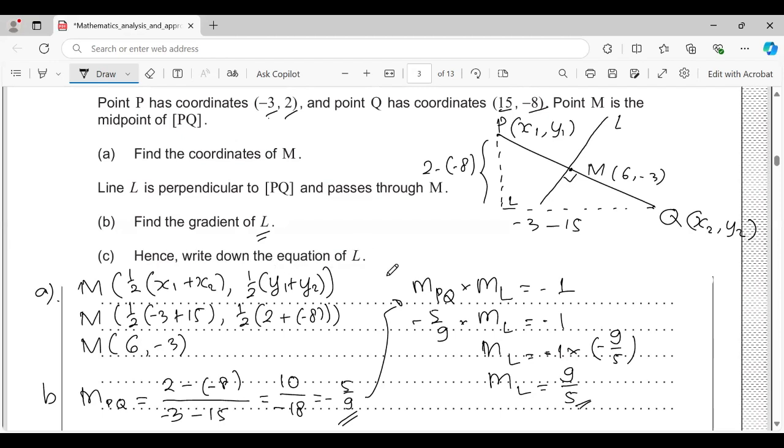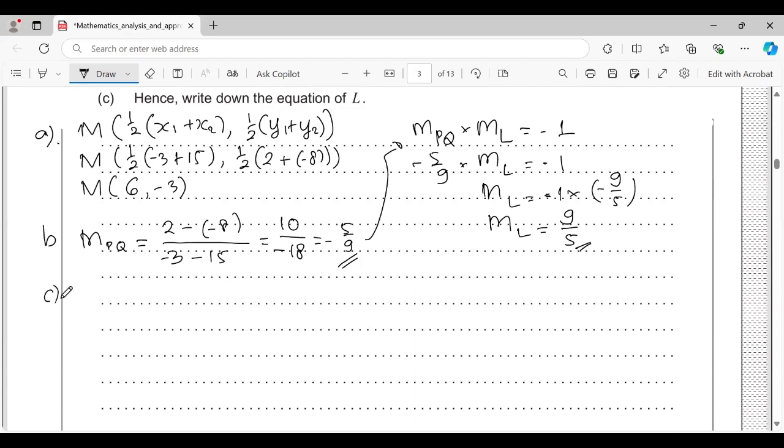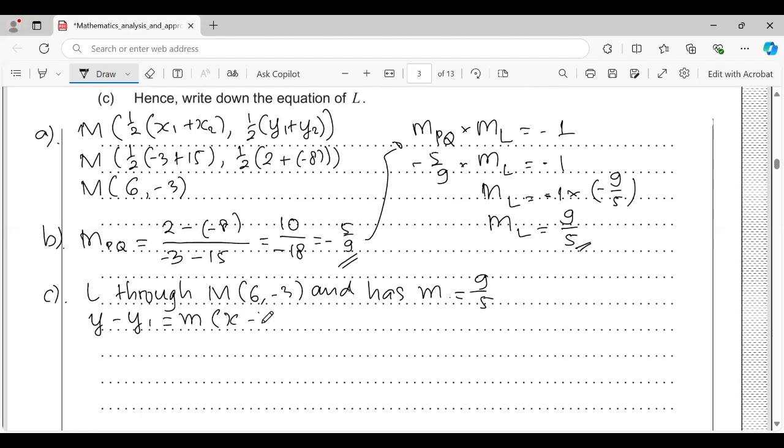Hence, write down the equation of L. We can find the equation of L through this formula. L passes through M with coordinates (6, -3) and has gradient 9 over 5, so the formula is y minus y1 equals m multiplied by x minus x1.